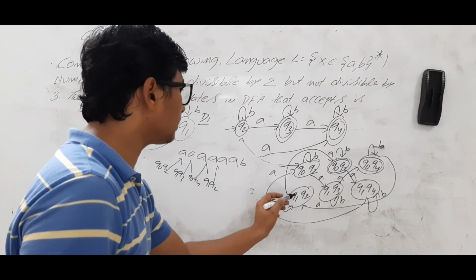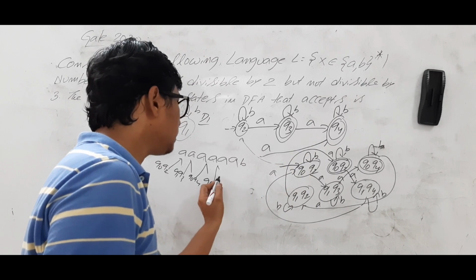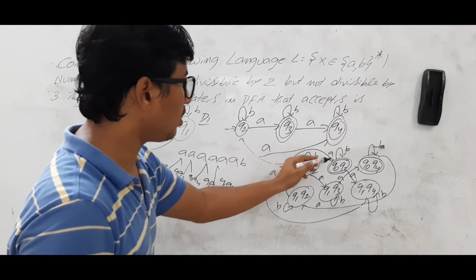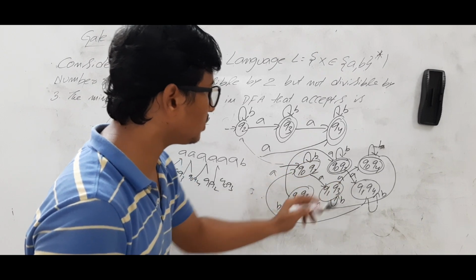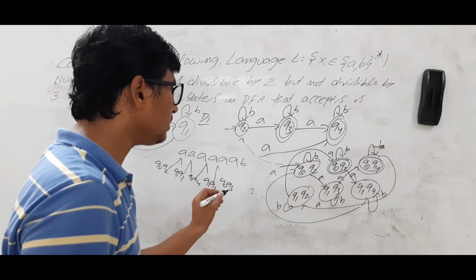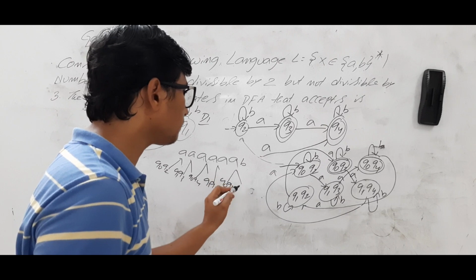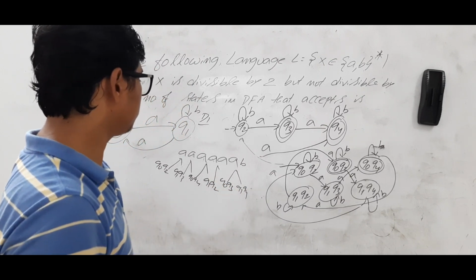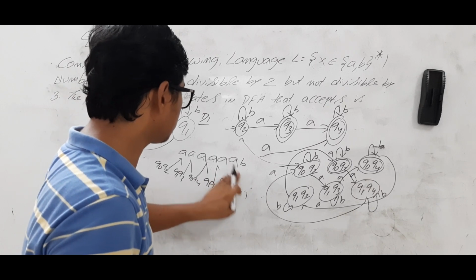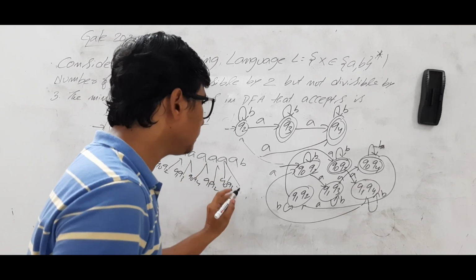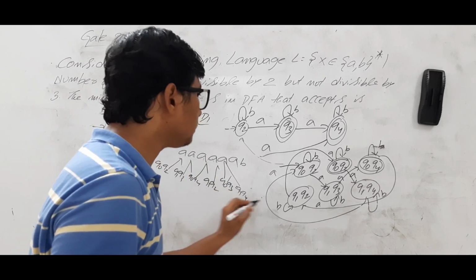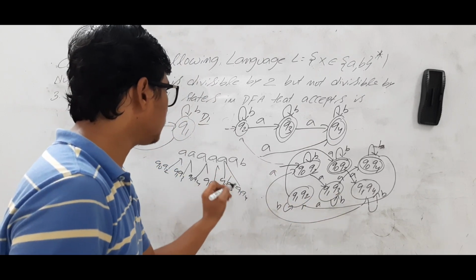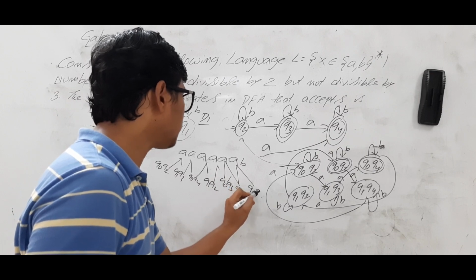Q1, Q2 on A reaches Q0, Q3. Q0, Q3 on A goes to Q1, Q4. Now Q1, Q4 on A goes to Q0, Q2. Are you able to understand?